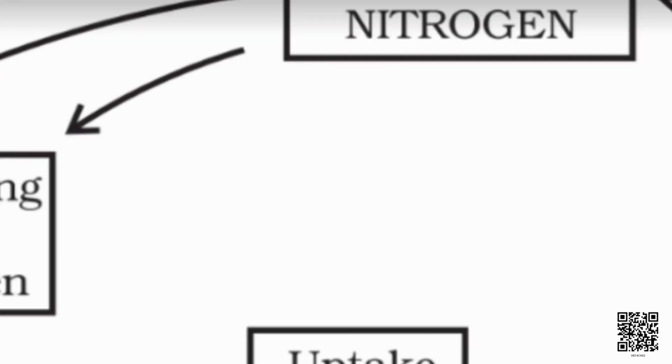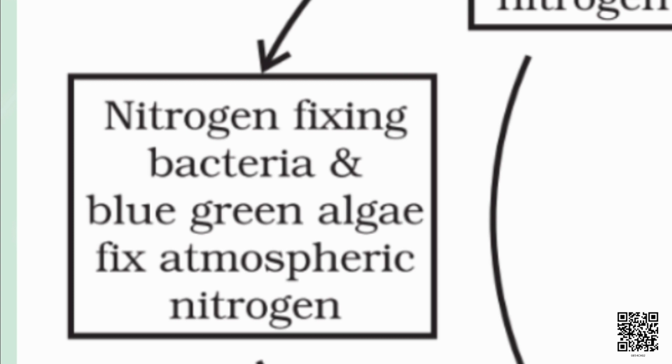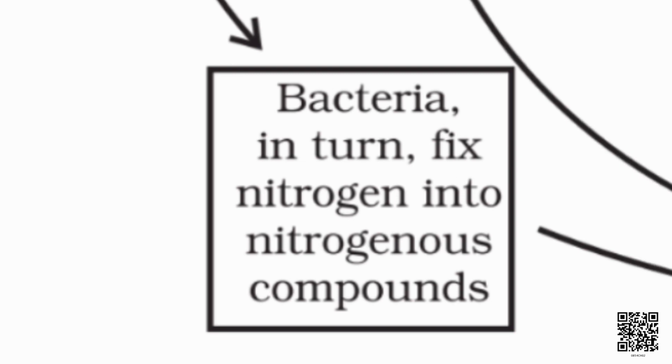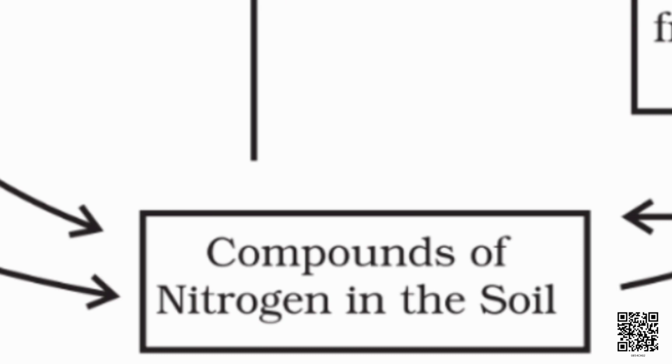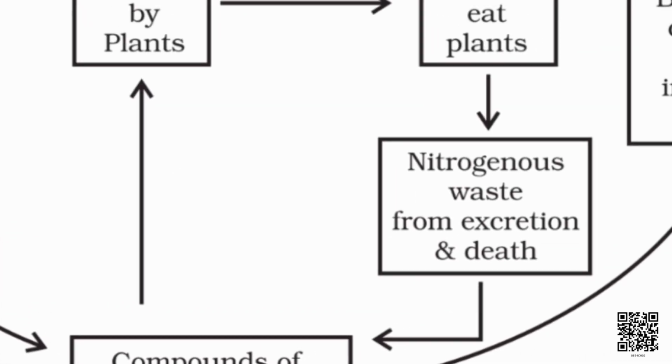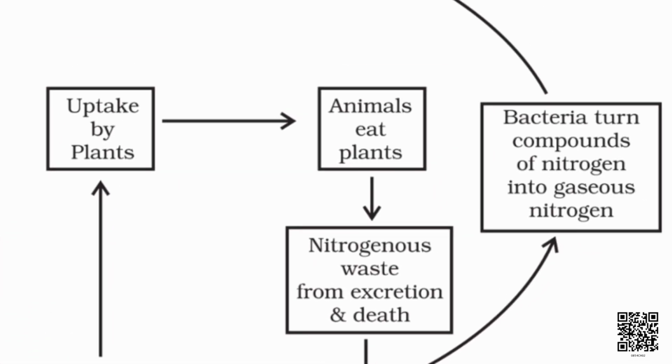Atmospheric nitrogen is fixed by certain bacteria and blue-green algae present in the soil. Then this fixed nitrogen is converted into nitrogenous compounds by bacteria. These compounds get mixed in the soil. These compounds are utilized by plants from the soil through the root system.